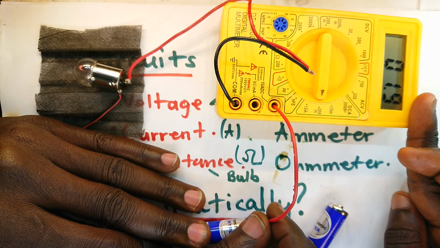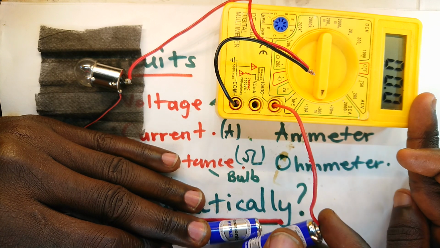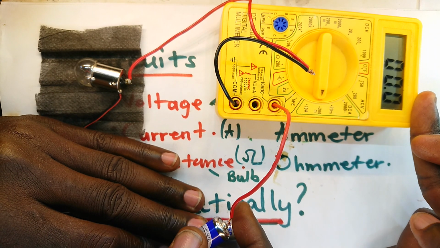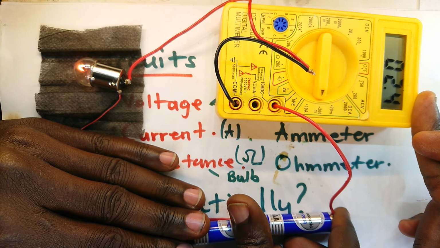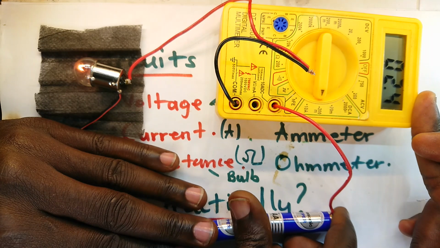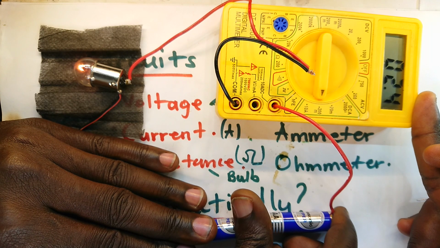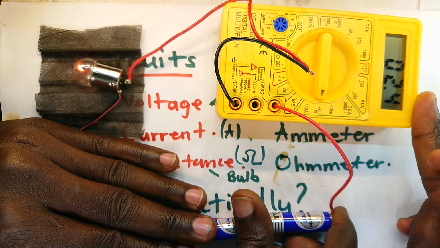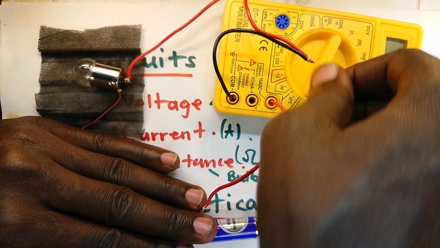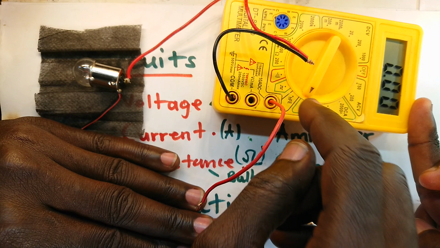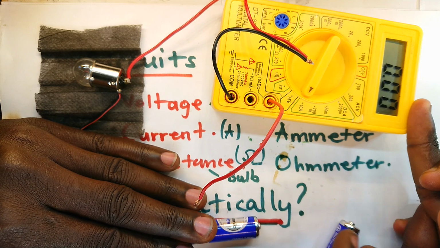Okay, now let's put the 3rd cell. Alright, the brightness increases and the current it is reading is now okay, let that not confuse you. Let me first put that there at the 10 amperes such that I don't have to deal with decimal points.